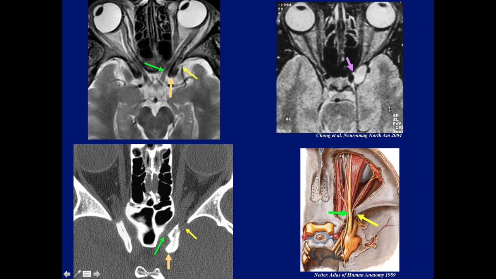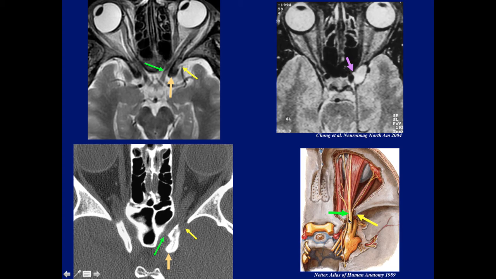And this was a schwannoma. And again, if we look at this picture from Netter, here's the ophthalmic nerve giving up the frontal nerve with its branches. So here's the opening of the superior orbital fissure. And this is where the tumor was sitting.